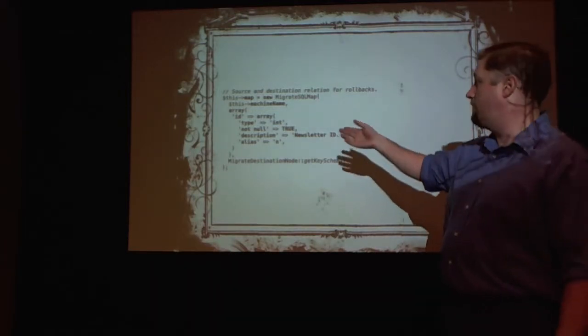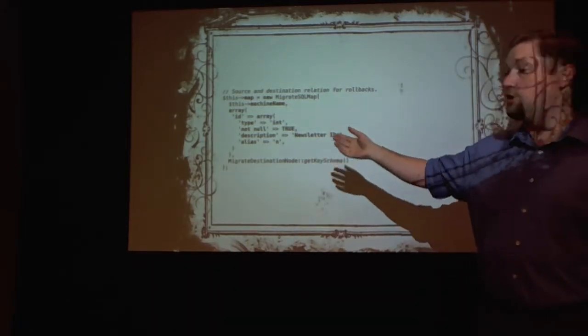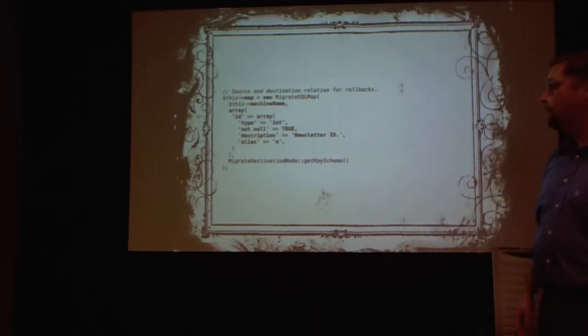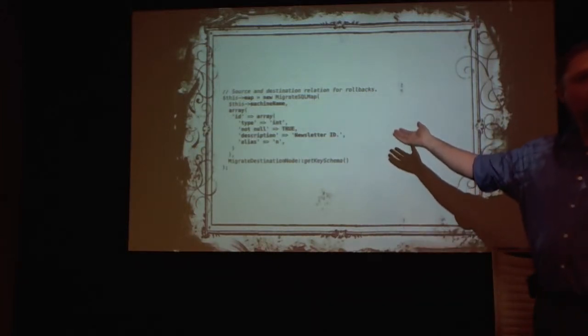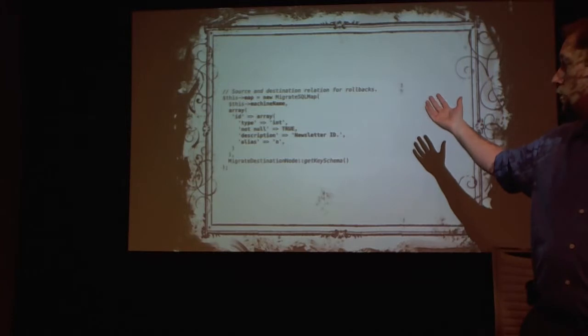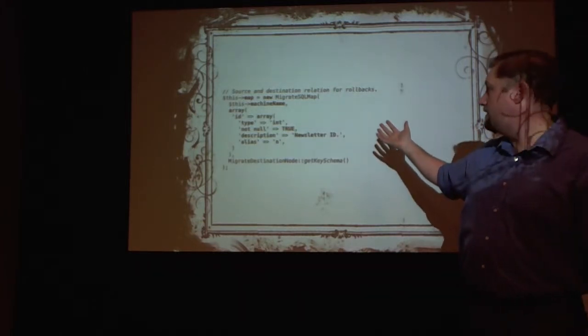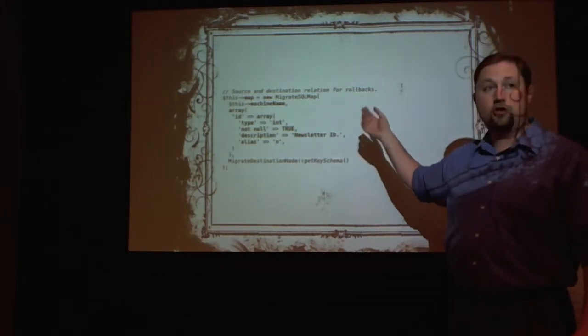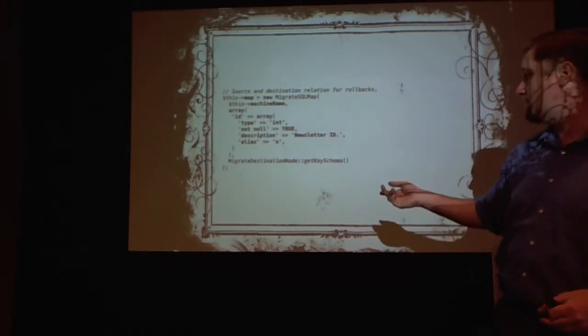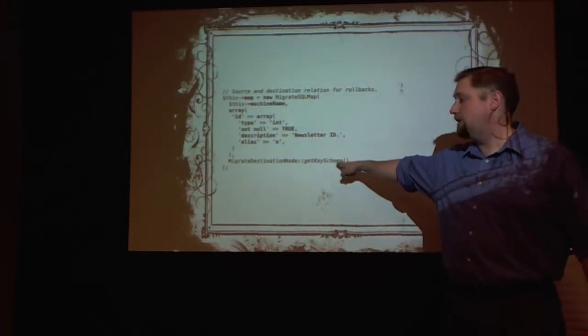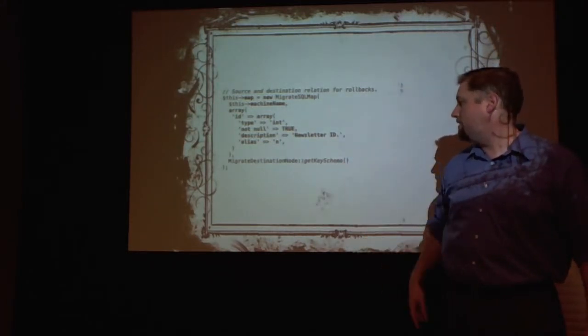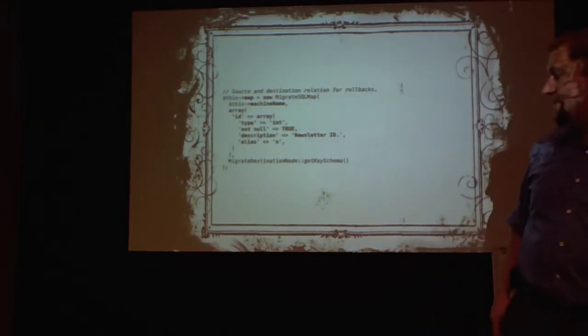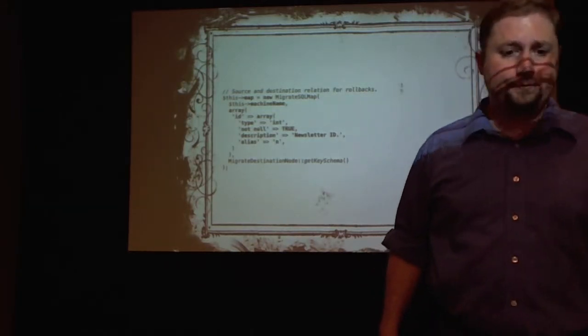So we've got an ID field from our source. It's an integer. This should look just like hook schema stuff for you. When you set this up, this is how Migrate SQL Map is going to track your source to your destination. It knows the destination because it gets that by calling the get key schema off the destination object.